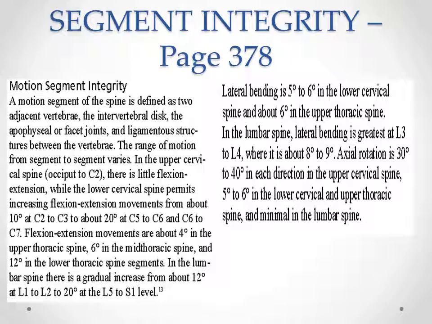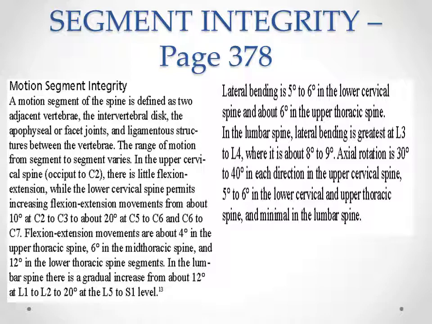Flexion extension movements are about 4 degrees in the upper thoracic spine, 6 degrees in the mid-thoracic spine, and 12 degrees in the lower thoracic spine segments. In the lumbar spine, there is a gradual increase from about 12 degrees at L1 to L2 to 20 degrees at the L5 to S1 level.